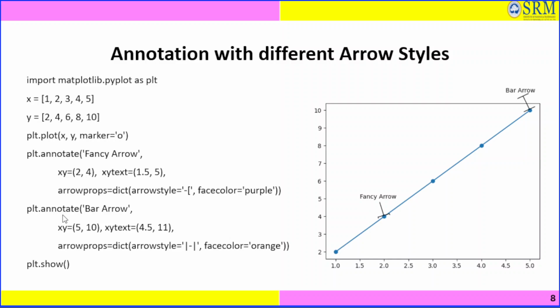And another annotation we have created for 'Bar Arrow' with these parameters, and the style is this one and the color is orange. In this output the colors are not showing as purple and orange, but the output should be that this arrow is in purple color and this arrow should be orange color. So we have used different arrow styles.